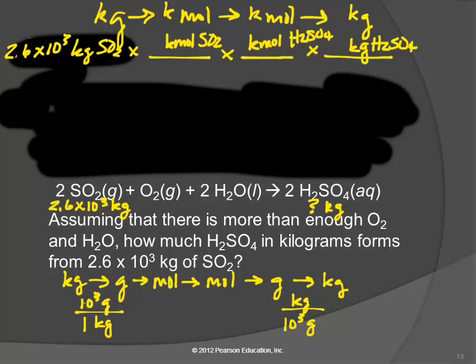So here we're just multiplying all of these things by 1,000, and it'll be okay. So we put the units in on the bottom, kilograms of SO2 and kilomoles of SO2. If we just took out the kilo, it would still work. It would still come to the same ratio. And kilomoles of H2SO4.